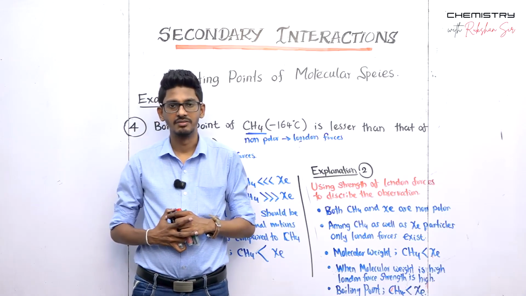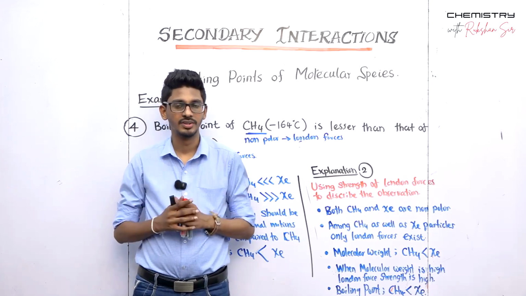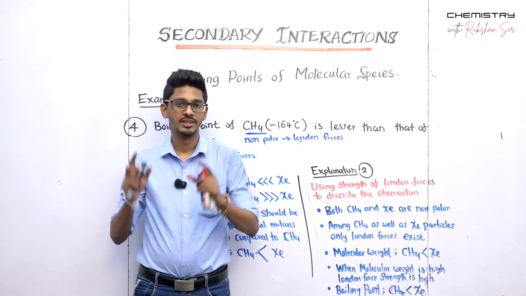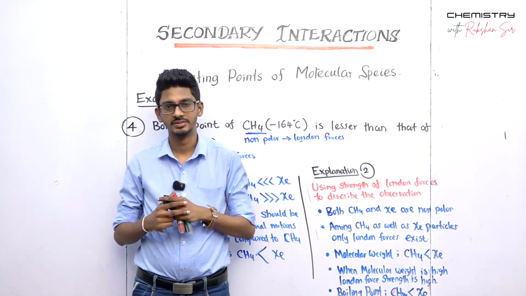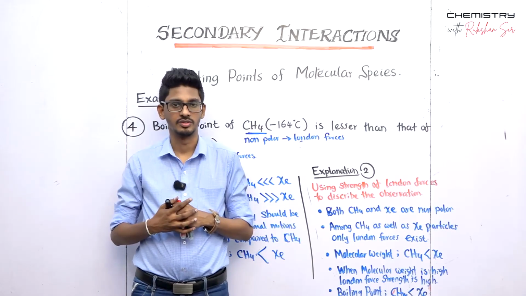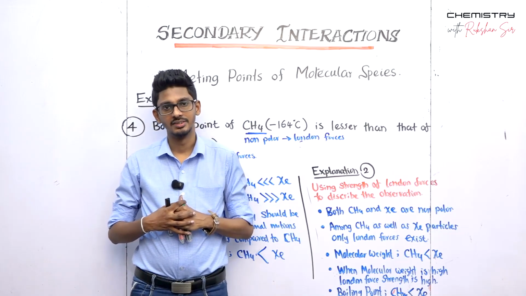We will have a very small discussion on the melting points at the next session, which will cover all the things as a quick summary of what we have learned with the primary as well as secondary interactions. Okay, then see you until then. Goodbye.